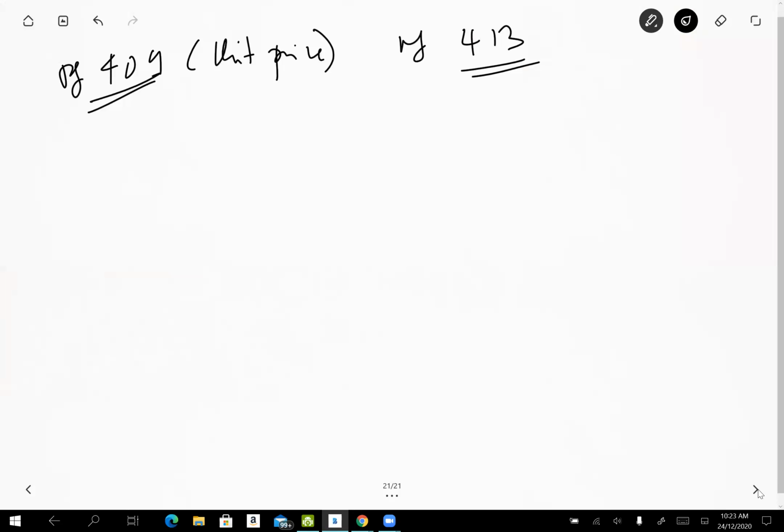Okay, they are similar, except for the price and the Q. So I like this one better. It doesn't matter whether you use the one on page 409 or the one on page 413. So the excess burden is equal to 1/2. Actually that comes from the triangle formula, half.